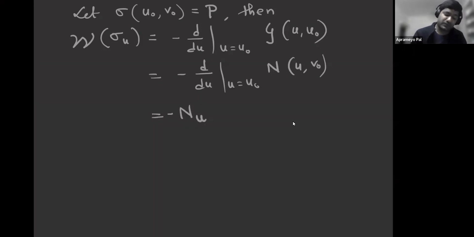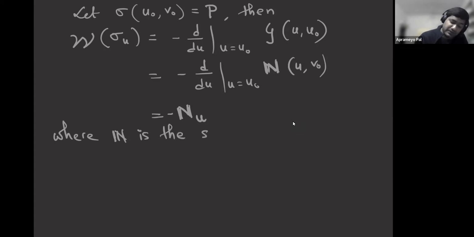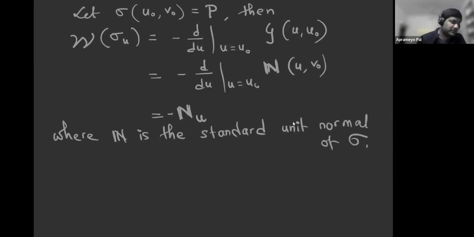If you differentiate this, this is nothing but minus N_U. Let me again recall that this N, the bold N, is the standard unit normal of sigma.